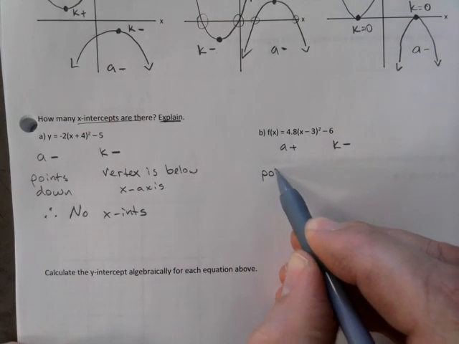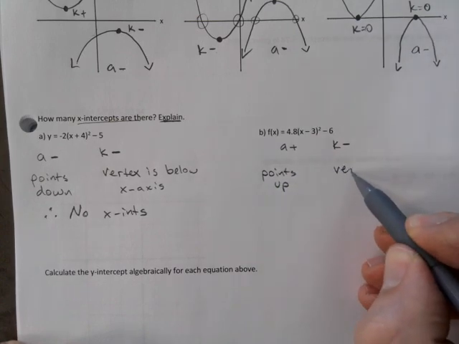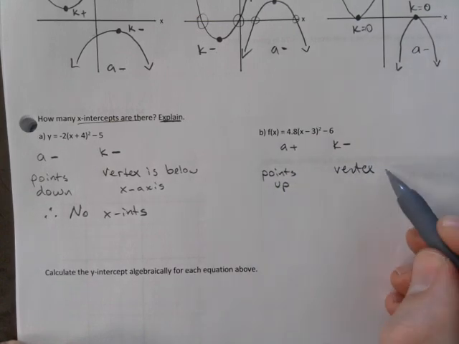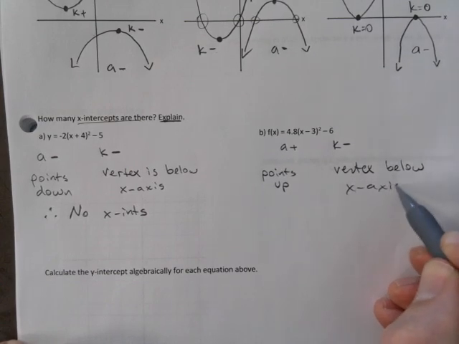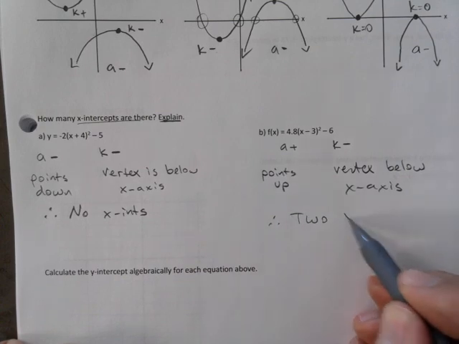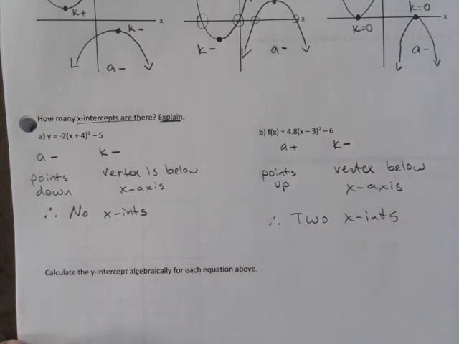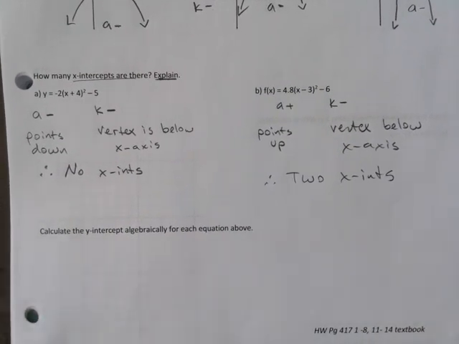Points up, vertex below x-axis, therefore two x-intercepts. Okay. We don't care if it's narrow or wide, it doesn't matter, we just know there's two, right?